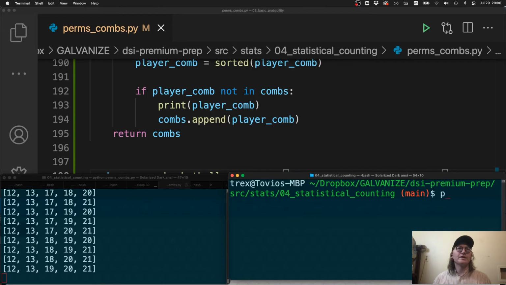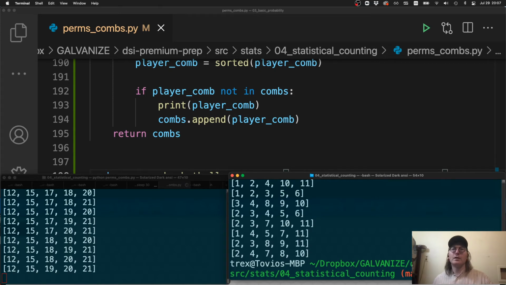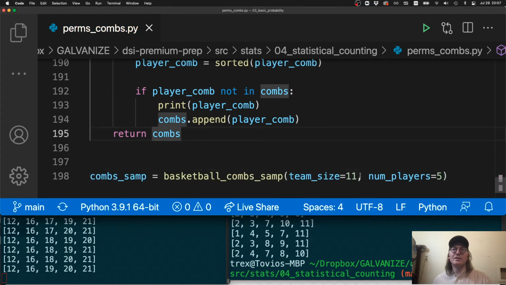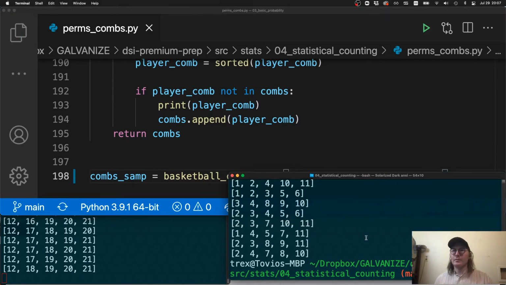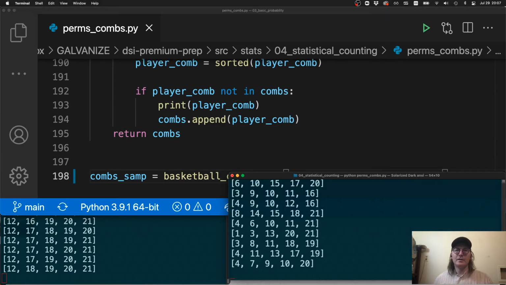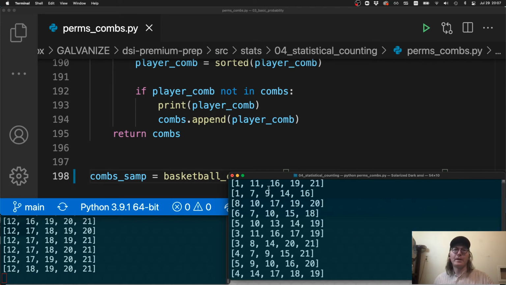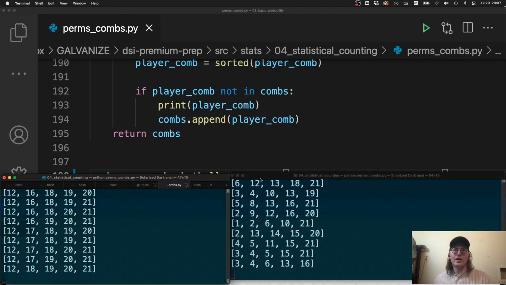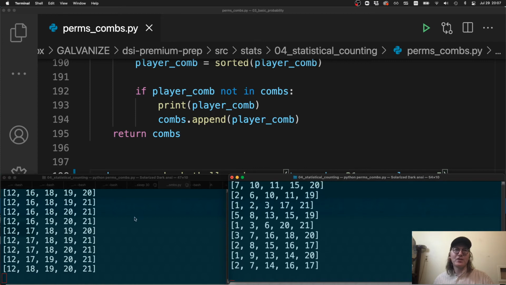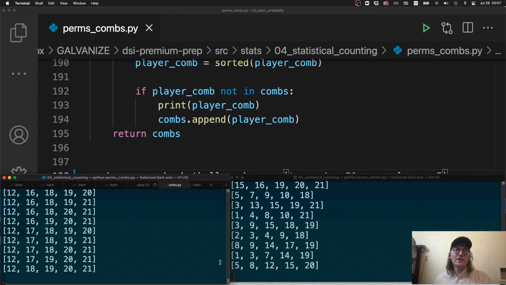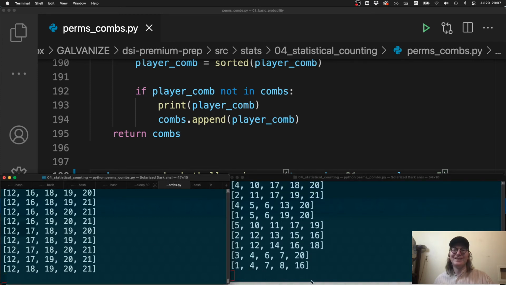And let's run this over here. So python perms combinations.py. Oh, that's only doing 11. Let's set that to 21. And let this go for it. All right, so it's a race, except this other one, the counting one, started way earlier, obviously.